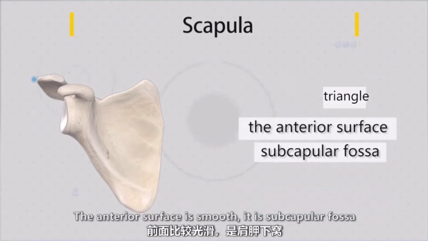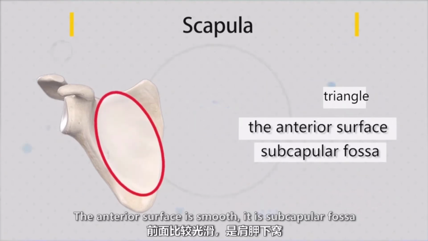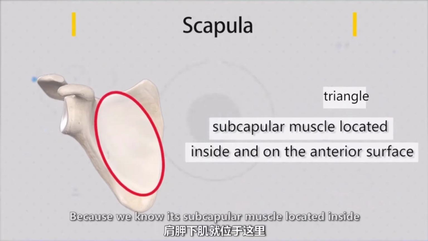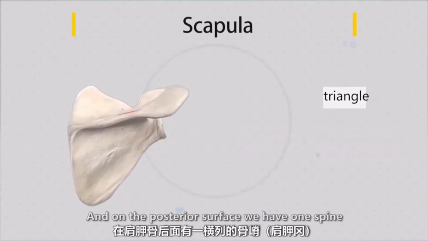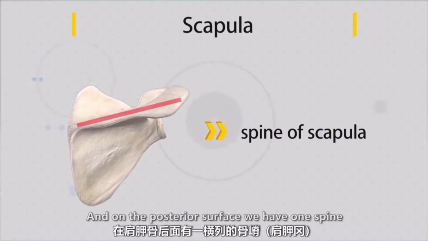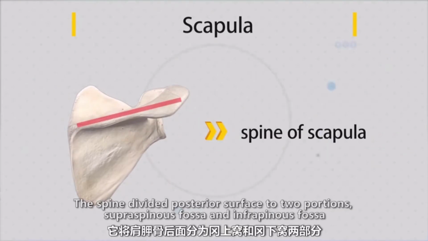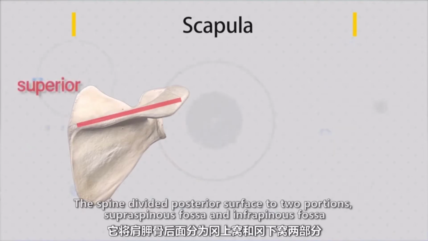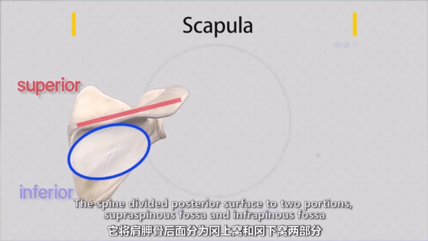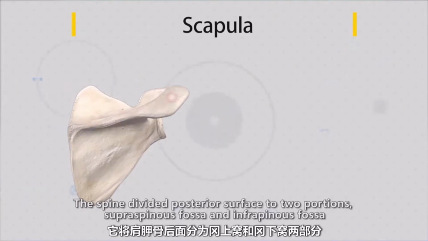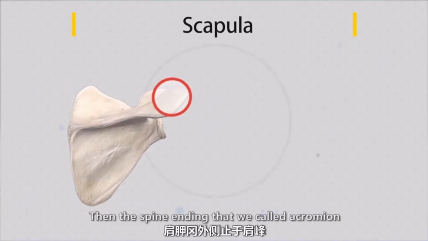The anterior surface is smooth, the subscapular fossa, because the subscapularis muscle is located there. On the posterior surface we have one spine. The spine divides the posterior surface into two portions, the supraspinous fossa and the infraspinous fossa. The spine's ending is what we call the acromion.